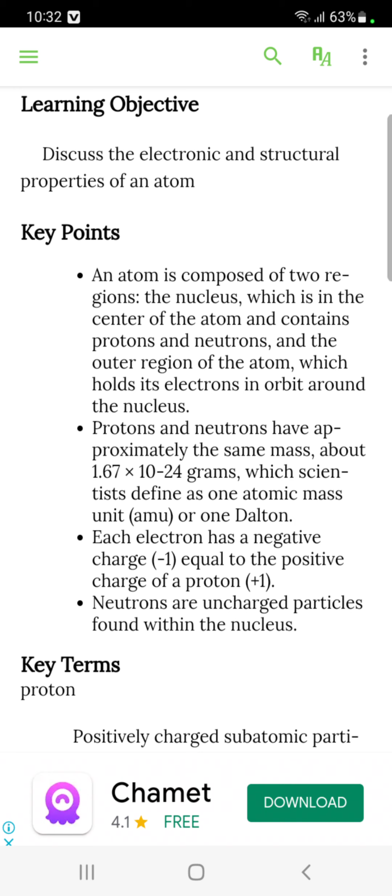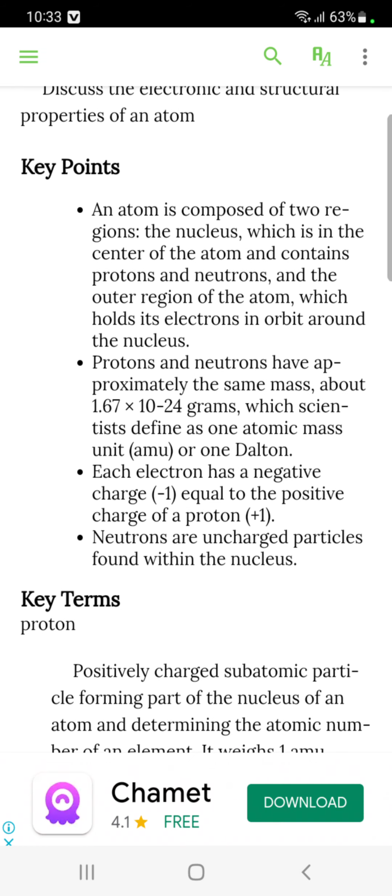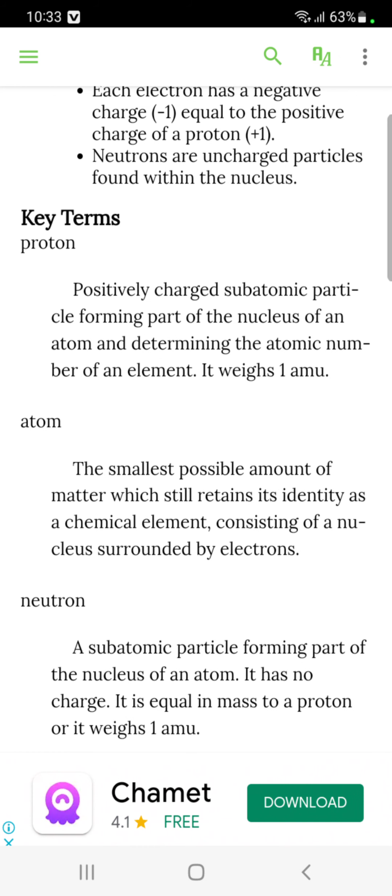Number 3 key point is each electron has a negative charge equal to the positive charge of a proton. So in the last one, neutrons are uncharged particles found within the nucleus.